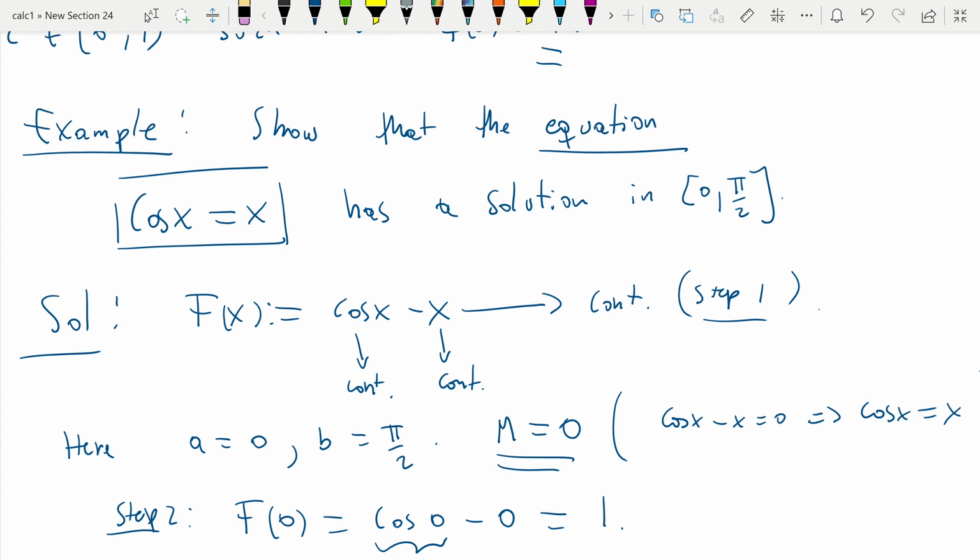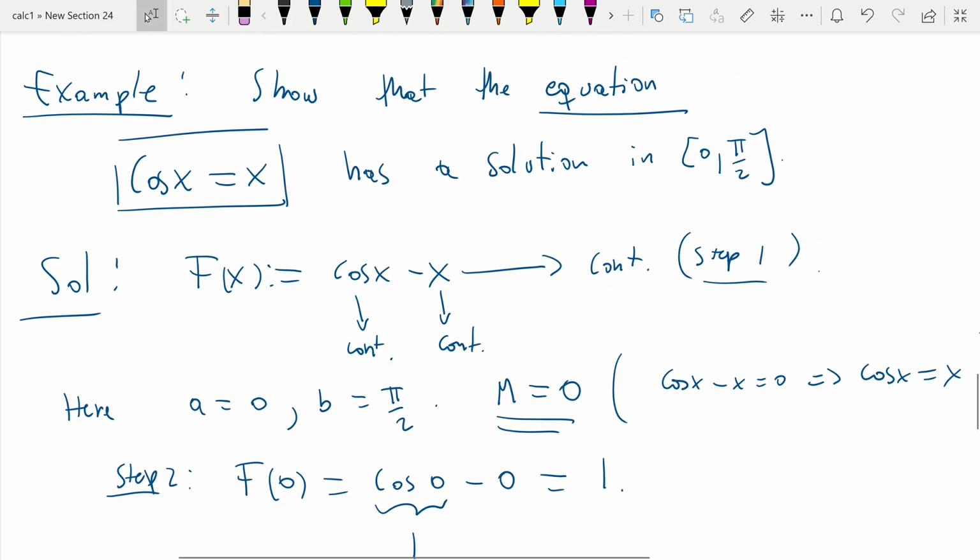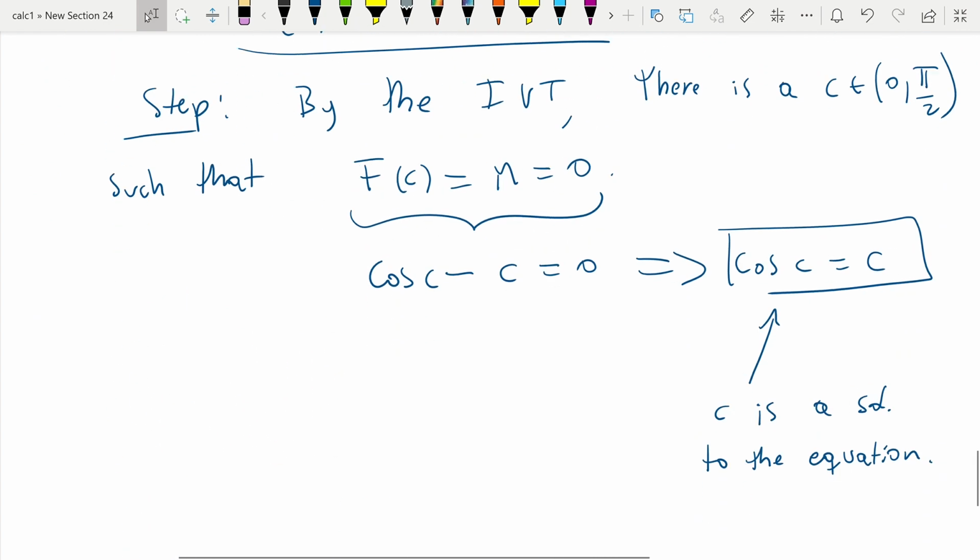So whenever you're told you're not actually asked to solve or find an explicit value for x, but you're asked to show that there's at least one solution, then you move everything to one side, set it equal to 0, and what you have on the side where all the x's appear, you call that f, and you must find a point where f is negative, a point where f is positive, and then there must be a value in between where f vanishes. So that's a very important corollary.